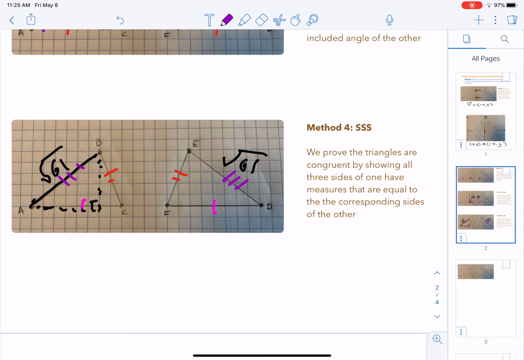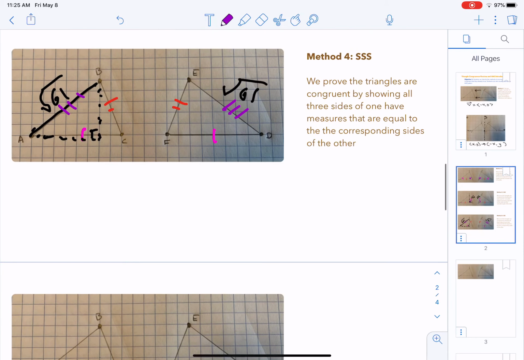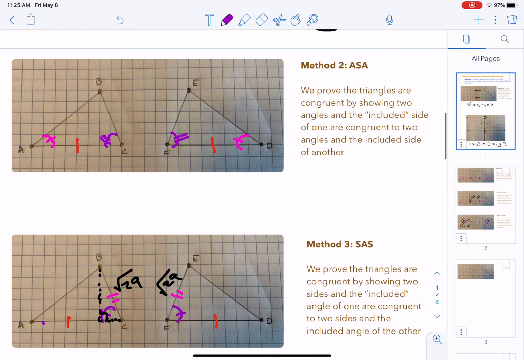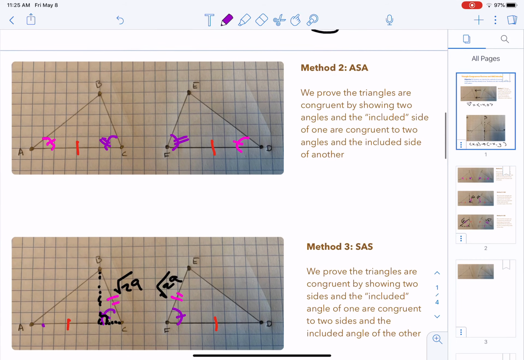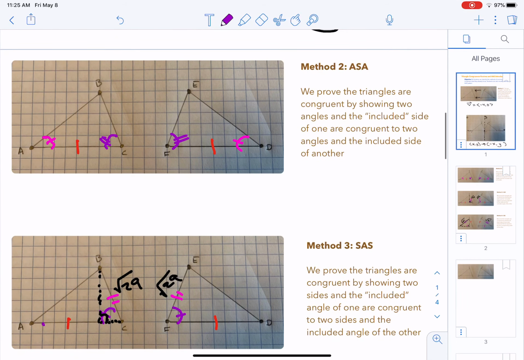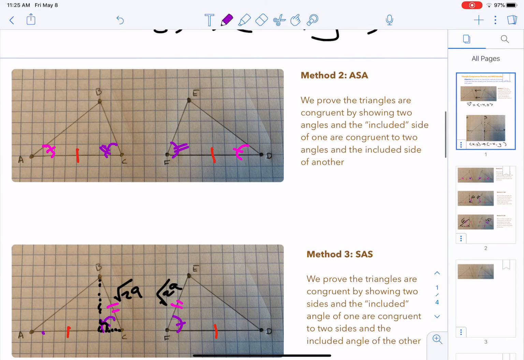Now, what I want to do here is just for a sec go back to ASA, because we have another situation that evolves really from the ASA triangle congruence. I'll call it a postulate here, okay?